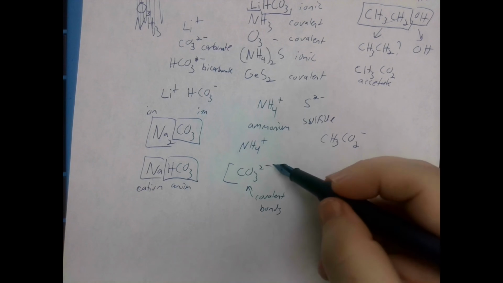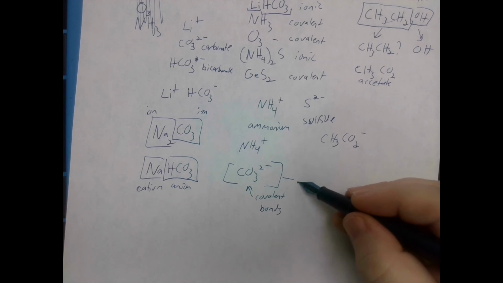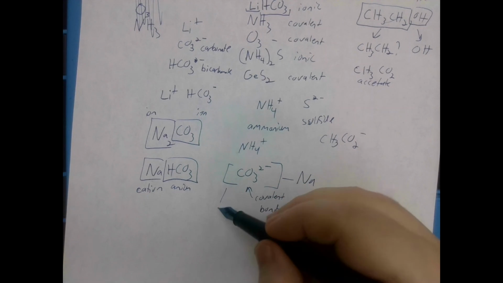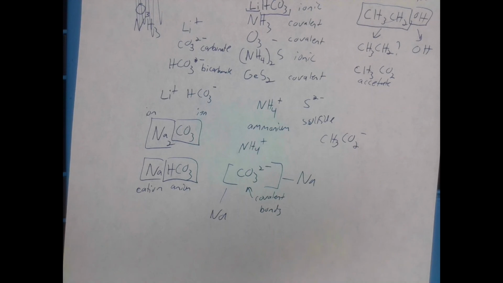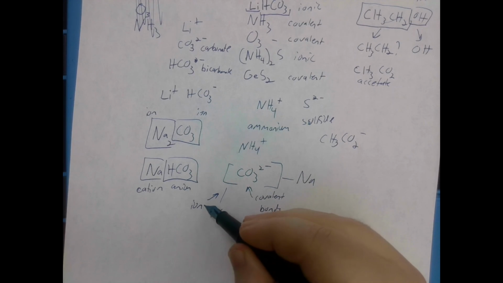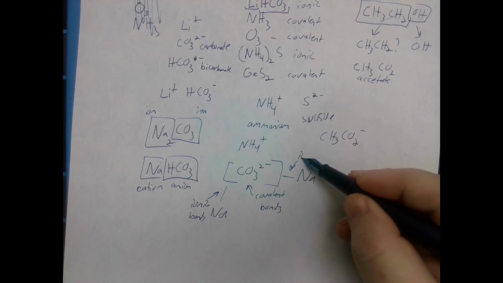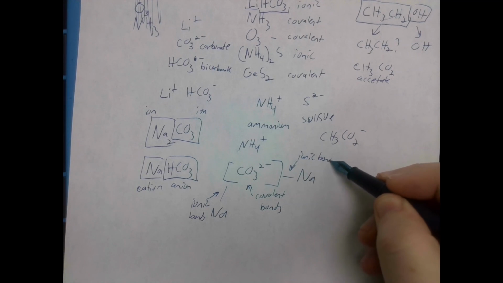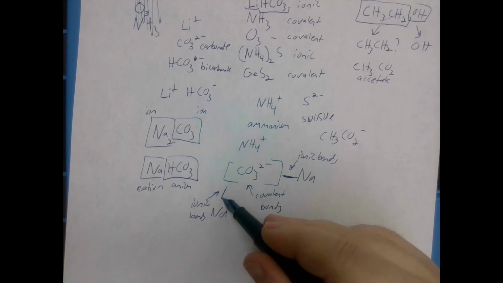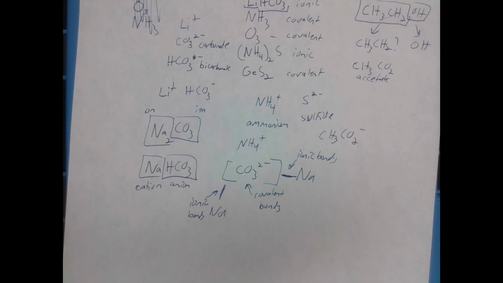But it's ionically bonded to a sodium atom. Technically, it's done to two. These are ionic bonds. The outside bonds are ionic, so overall the molecule is called an ionic molecule. Does that make sense?